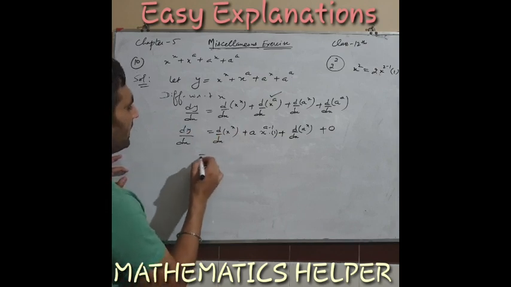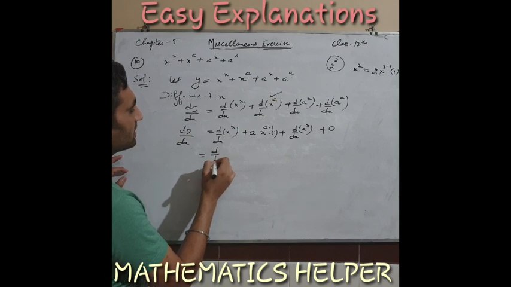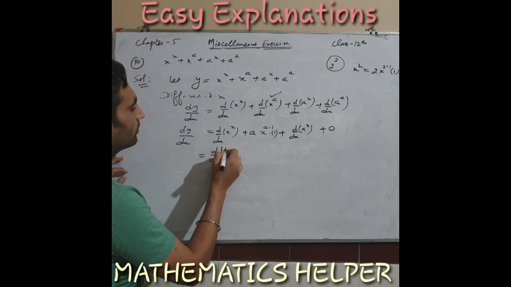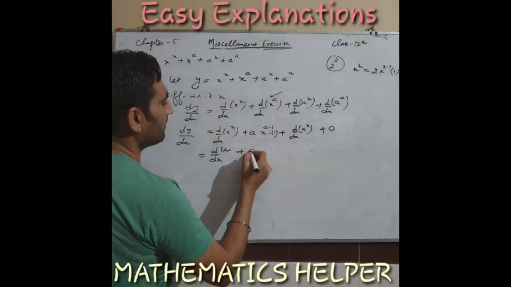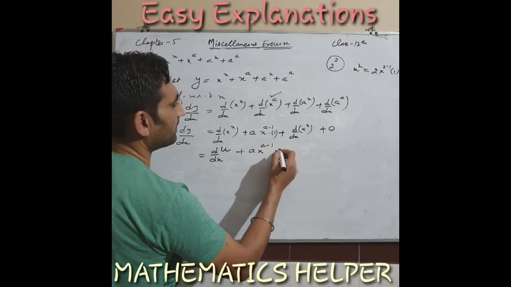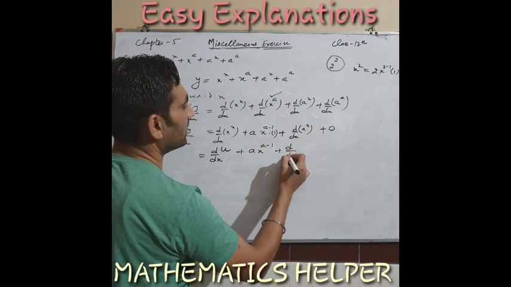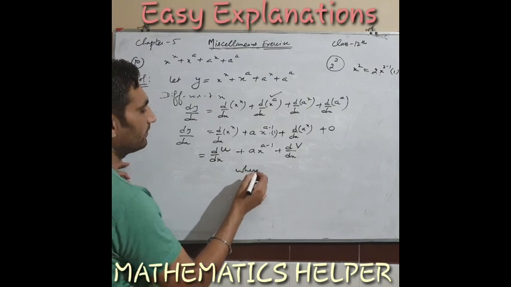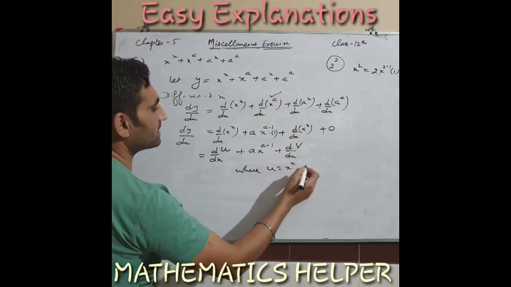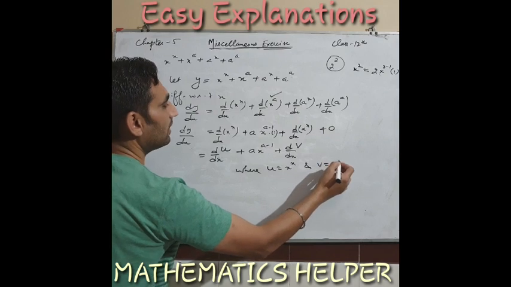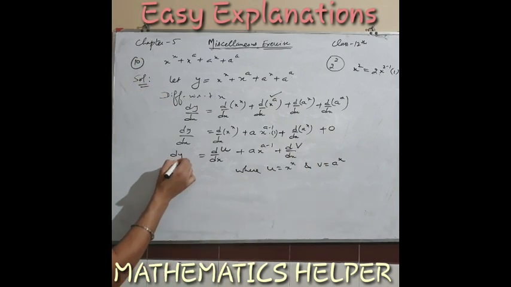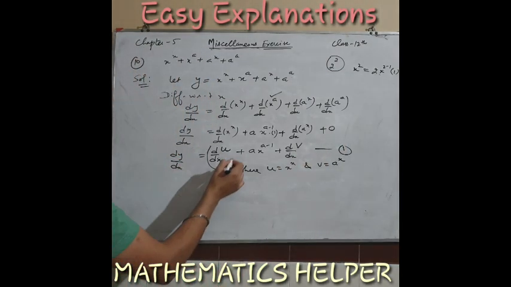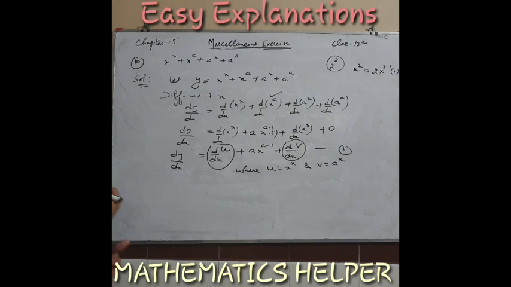Further, we will write it as: let u be x raised to power x, and this one will remain the same, a x raised to power a minus 1, plus d over dx of v, where u is x raised to power x and v is a raised to power x. So this is dy upon dx, mark it as 1. You need two answers, du over dx and dv over dx here.